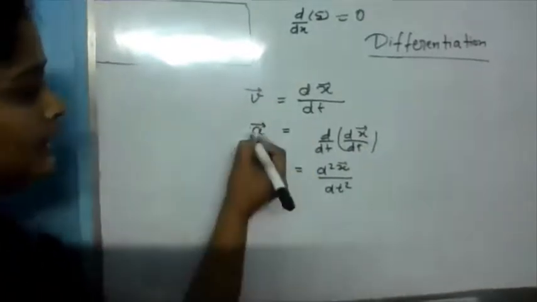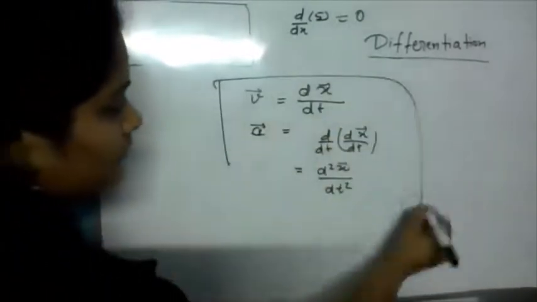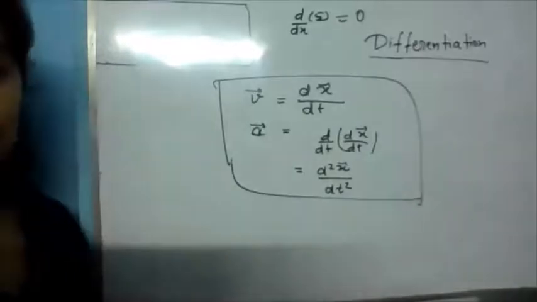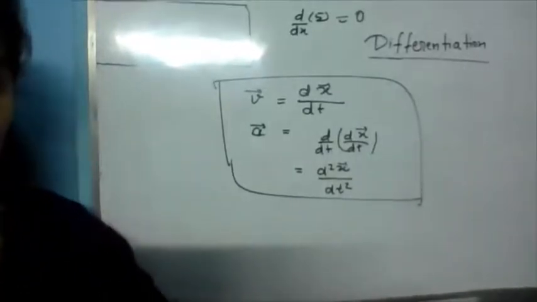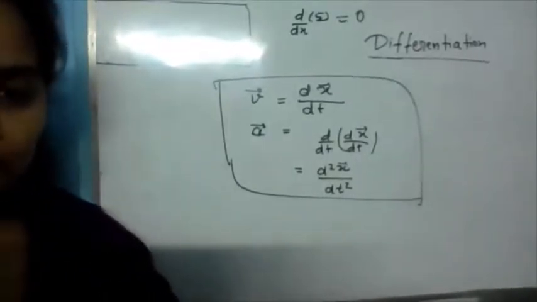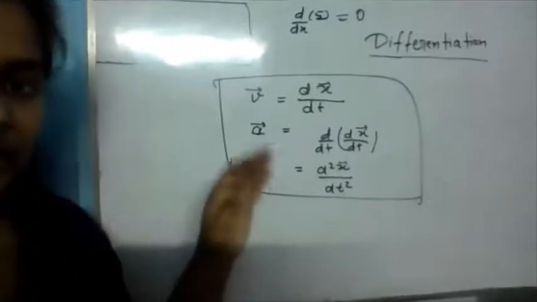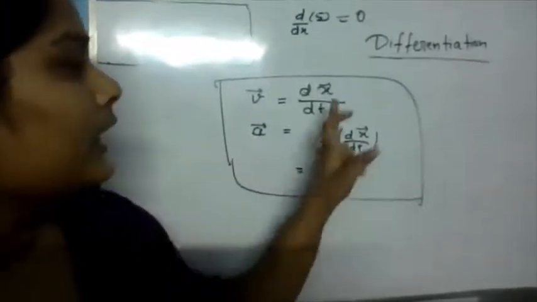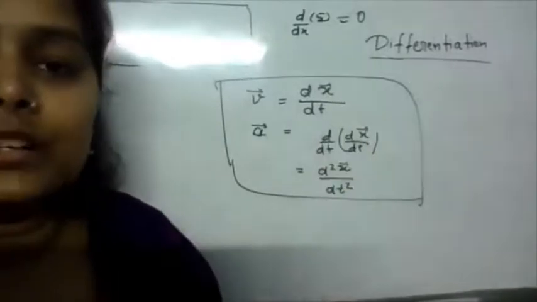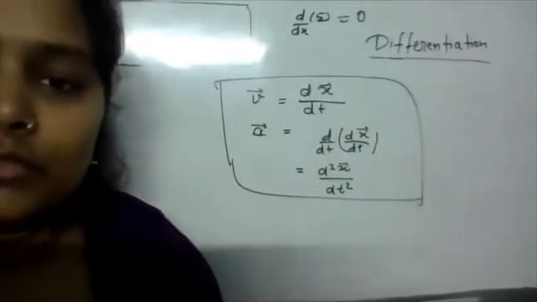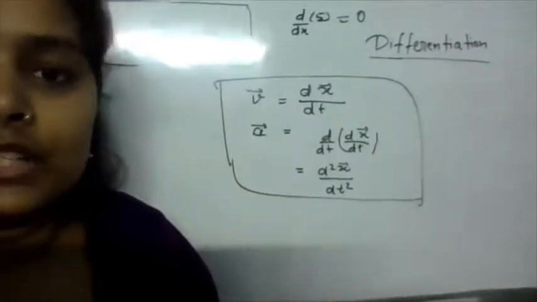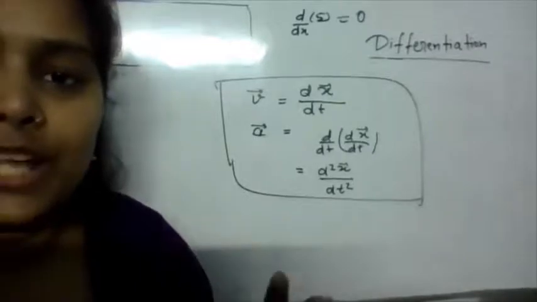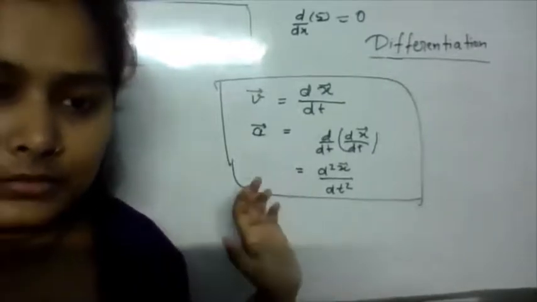Is this point clear now? If we differentiate displacement at 1 time, we will get velocity, and if we differentiate displacement 2 times, then we will get acceleration.